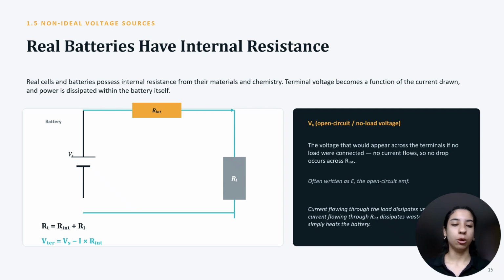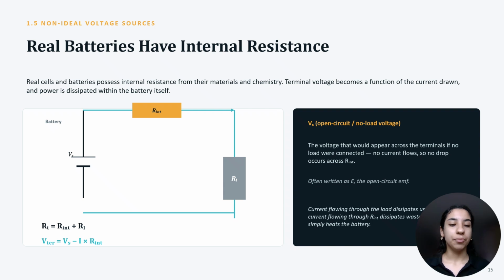The total resistance of the whole circuit is just the internal resistance of the battery plus whatever resistor we have in the circuit.